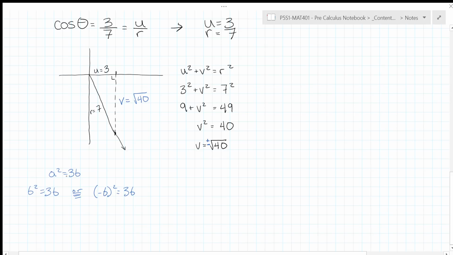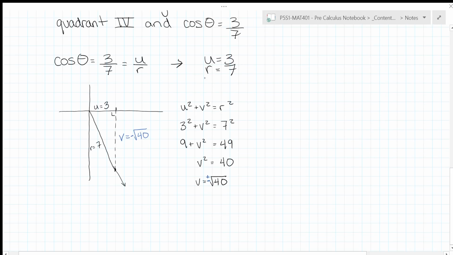The square root of 36 is 6, but if I write it like this, maybe a is 6, maybe it's negative 6. I have to look at the quadrant to help me determine which it is. In this case, I know my v is going to be the negative square root of 40.